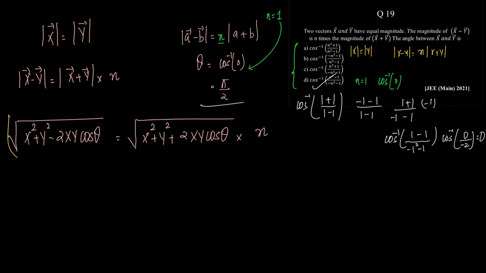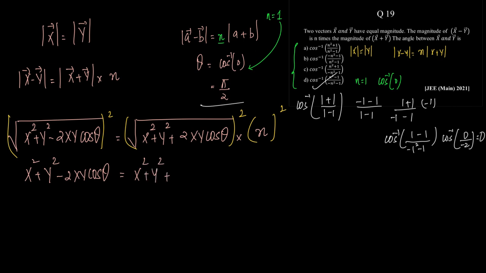If we square this on both sides, what we get is x square plus y square minus 2xy cos theta is equal to x square plus y square plus 2xy cos theta, the whole into n square.